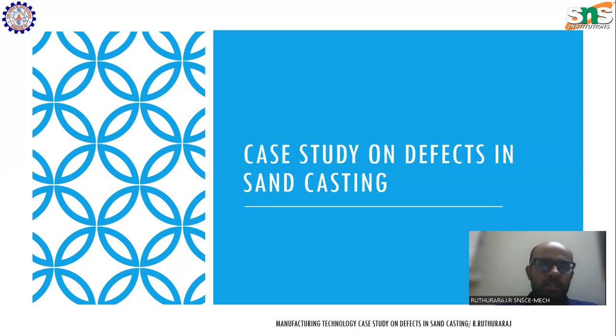And similarly, other improper casting practices lead to casting defects. So this particular case study will discuss the elimination of these casting defects in a particular industry and how they have achieved this elimination process. So that's what we'll be discussing in this case study.